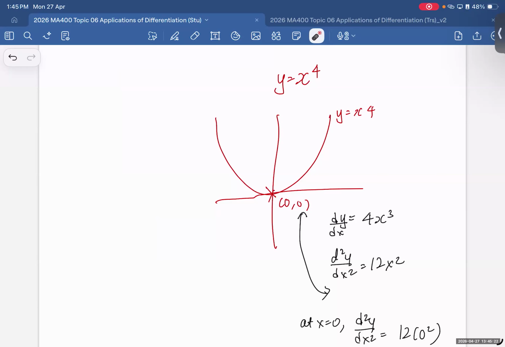A lot of people make the mistake: when the second derivative is 0, they say it's a point of inflection, which is wrong. In this case, when it's 0, it's not inflection. Inflection can only be proven by the first derivative test. I must remember to write stationary point of inflection.